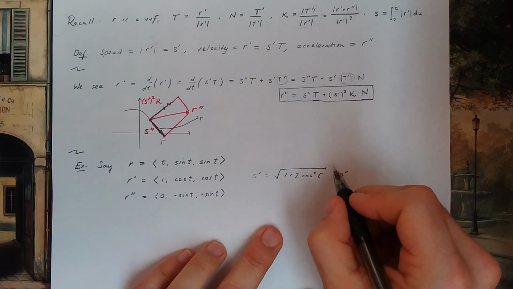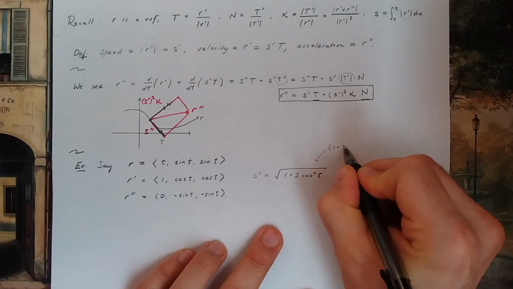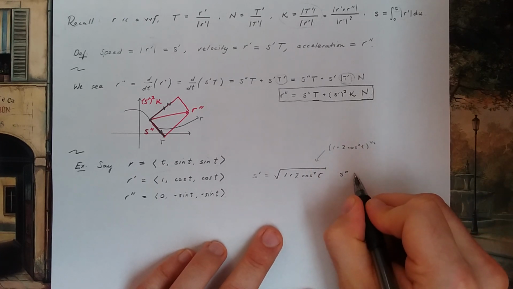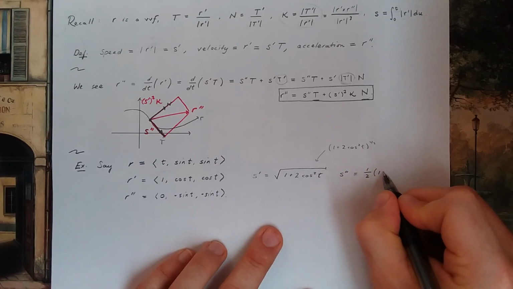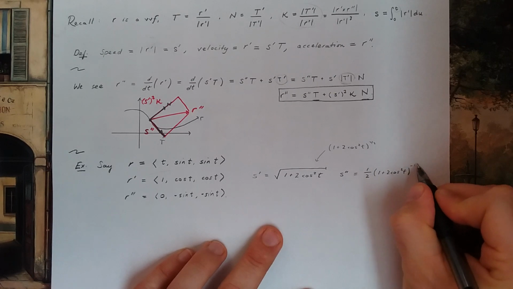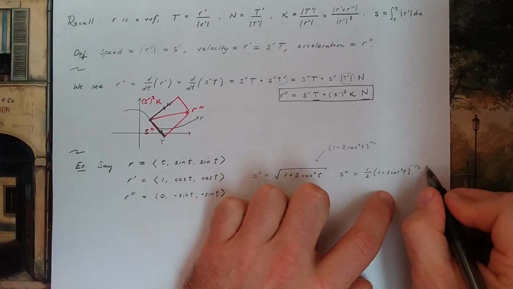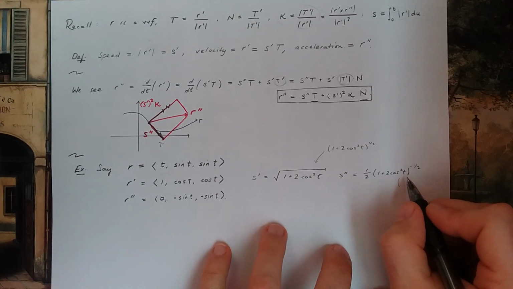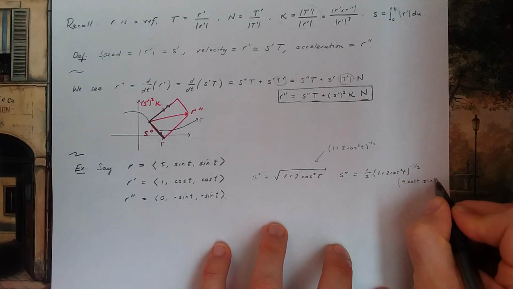So this can be written as 1 plus 2 cosine squared t to the 1/2 power. So the derivative would be 1/2, 1 plus 2 cosine squared t to the negative 1/2 power, and then by the chain rule, I have to multiply by an extra factor of 4 cosine t sine t.